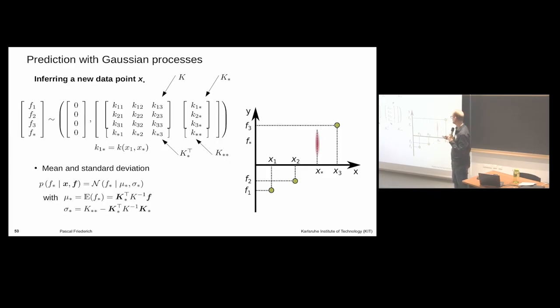And then we cut this distribution at the observed values. I mean, I can't visualize that because I can't visualize 4D distributions. But you're kind of cutting it at the observed values. And then you're asking what is the probability density of observing a given functional value f star at the position x star given all your previous observations.